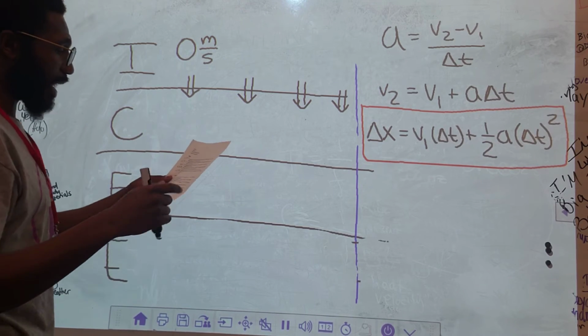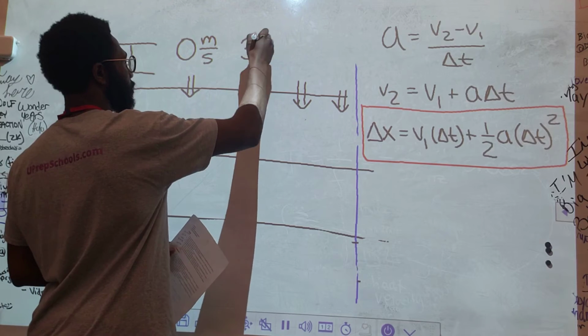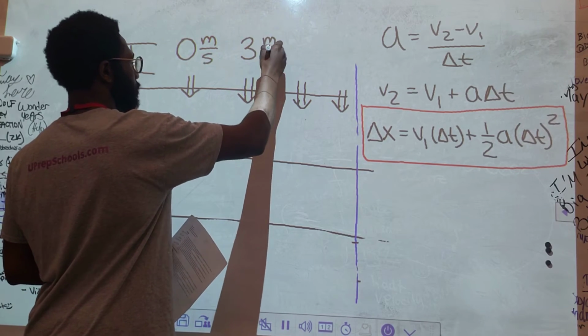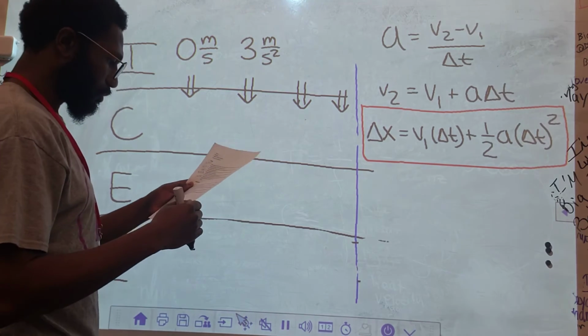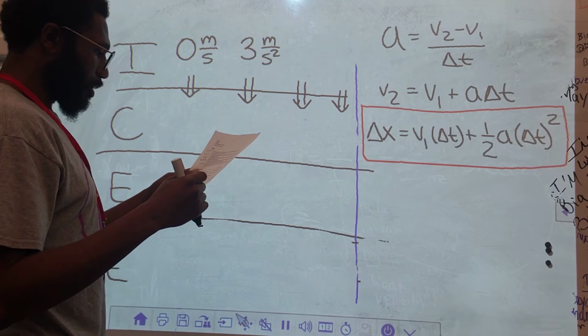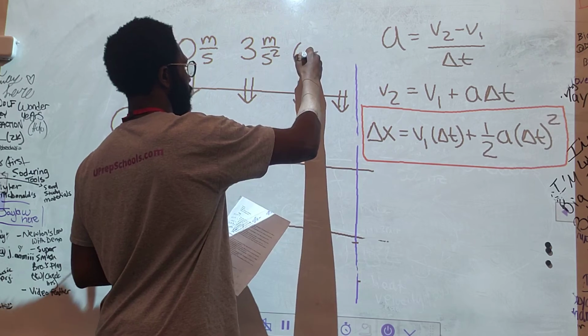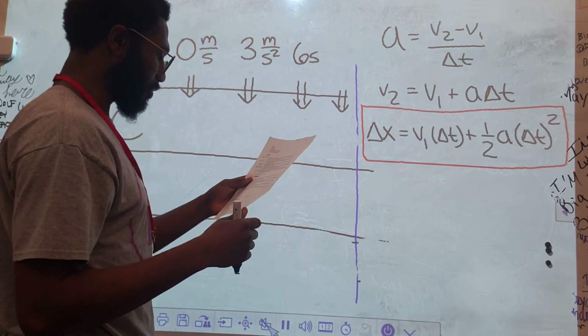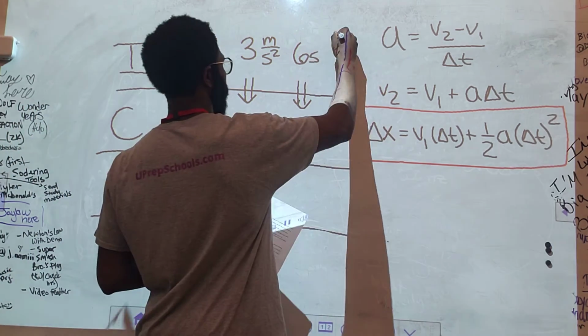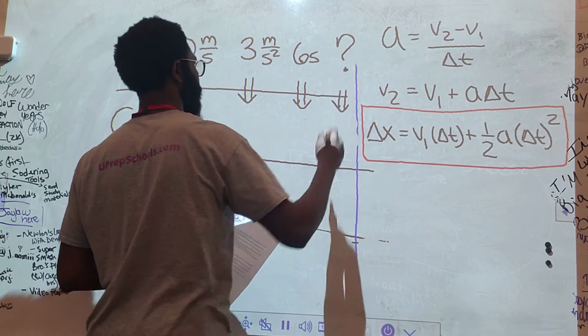They accelerate at a rate of 3 meters per second squared over 6 seconds, okay? So that's another measurement we see. How far did the track runner travel, okay?